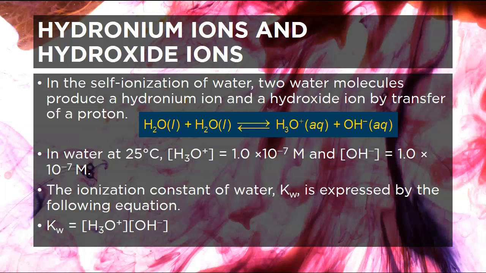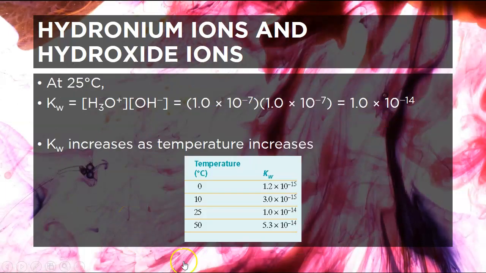What do I do with exponents when I multiply them? You add them. So negative 7 plus negative 7 is negative 14. So for water, that's exactly right. This is going to be 1.0 times 10 to the negative 14. It should be somewhere here. Right there. So 1.0 times 10 to the negative 14.